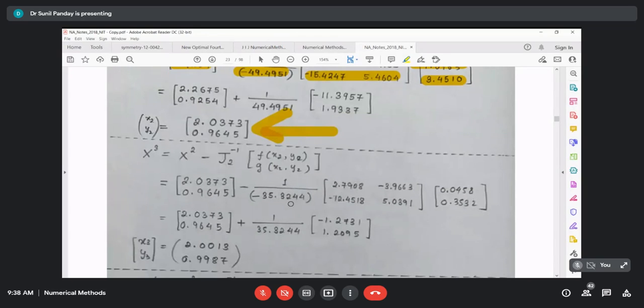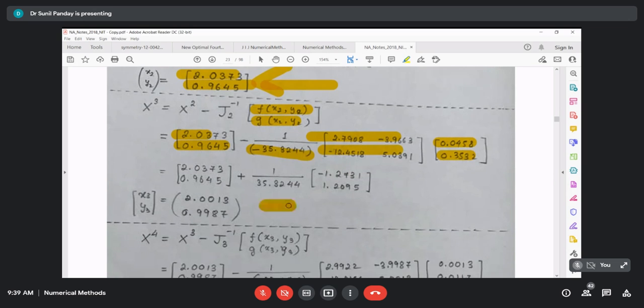Then similarly the third, x3. Now this is x2, y2. And then J2 inverse means I have to calculate the determinant at the new point x2, y2, then this matrix at the new point x2, y2, and the values of the functions f and g at the new point x2, y2.